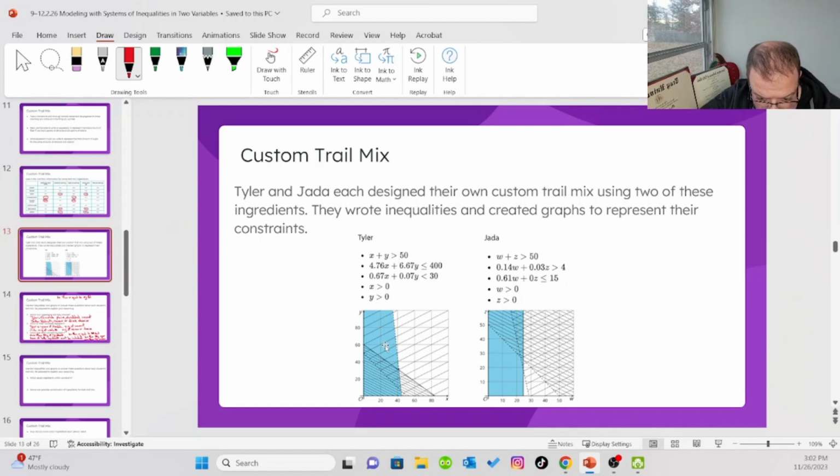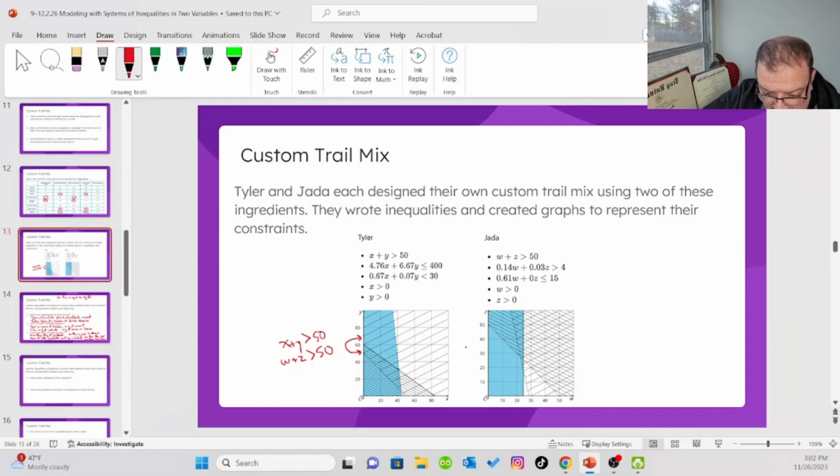So that would be this dotted line right along here and the line shading. That would be right here, and all the line shading would be x plus y is greater than 50, and w plus z is greater than 50.